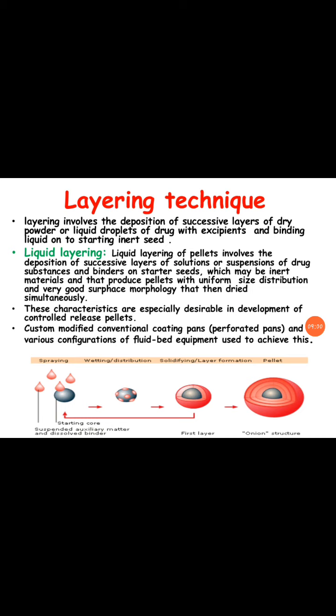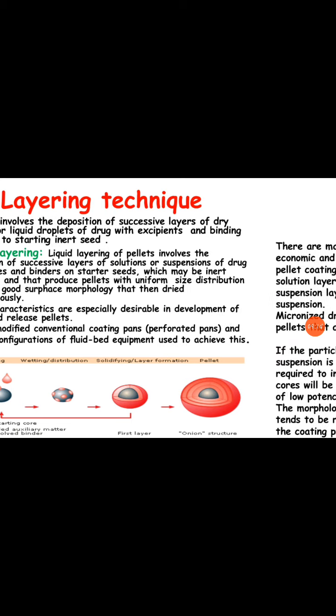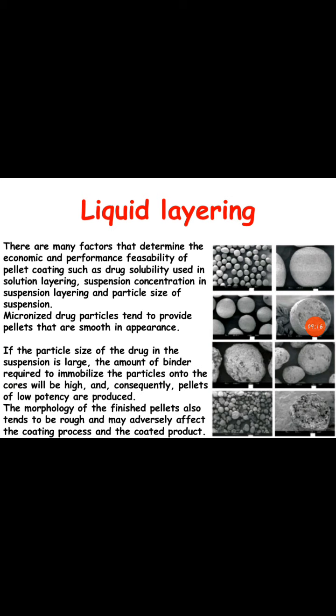From the figure it is clear, you have a starting seed like a core onto which the solution is sprayed, then using some wetting agent it is stabilized, solidified and dried to get the pellets. Liquid layering has good characteristics, with a smooth appearance, and some may tend to have a rough nature.